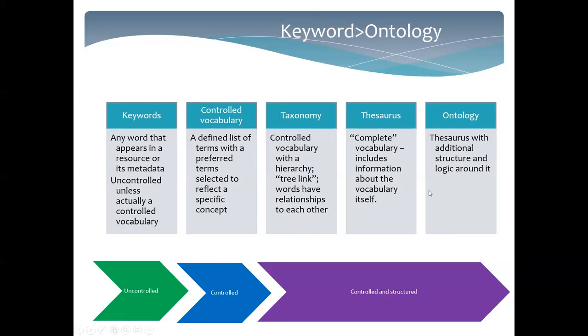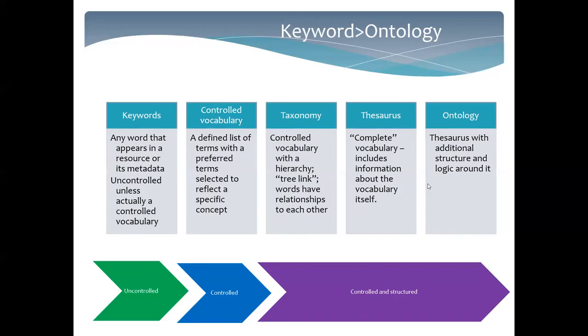And then finally, we won't really be working with ontology so much in this class, but I did want to mention it because it is something that appears as a word when you start looking at controlled vocabularies and taxonomies, the ontology aspect. The ontology aspect is taking that thesaurus and providing even more structure around it, and typically logic.